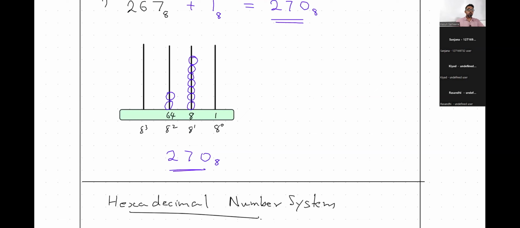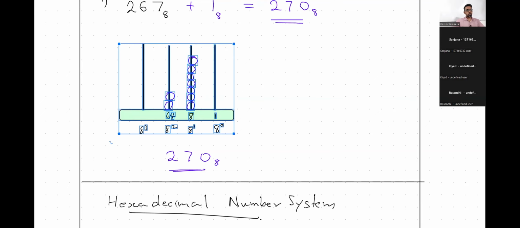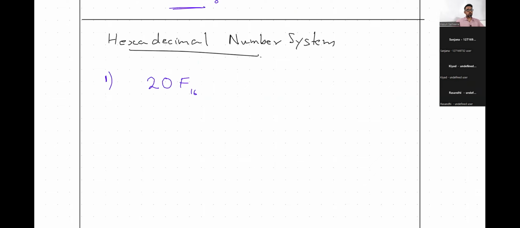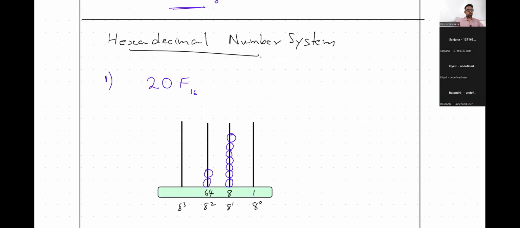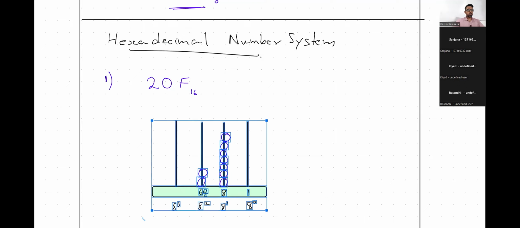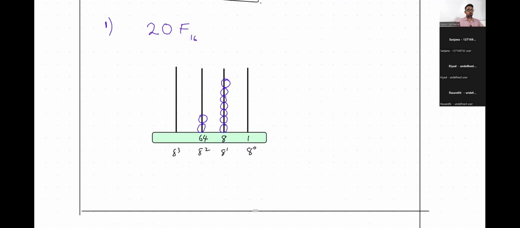Right, I'm going to copy the same counting frame to here. What are the changes we need to make? I'm going to empty the counting frame and fill it with different values.